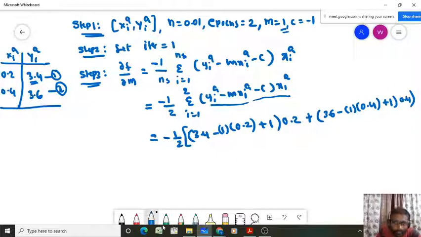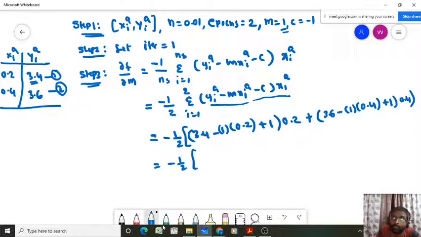So you can compute the value. It is 1 by 2 into... If someone has a calculator, if you give some value, then it's better for me. So 3.4 plus 1, 4.4, 4.4 minus 0.2 is 4.2 here, right? 4.2 into 0.2 is 0.84, I think.